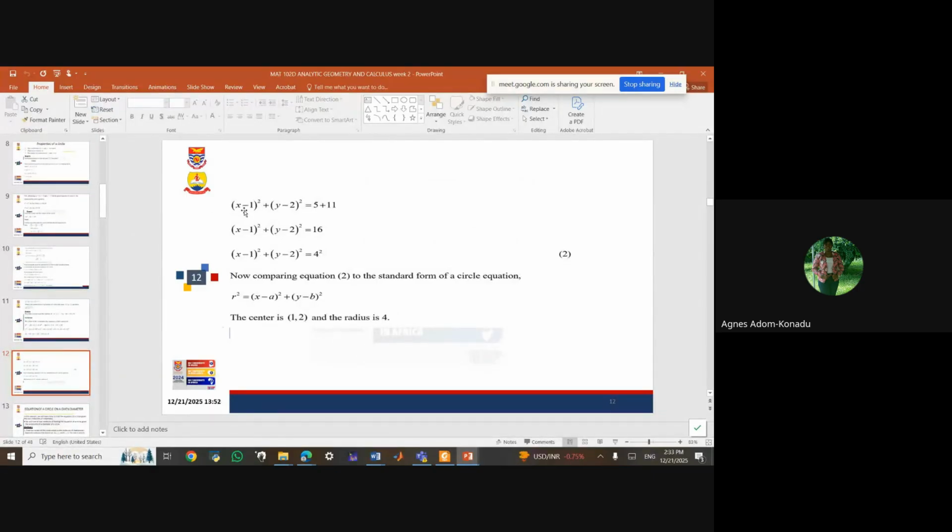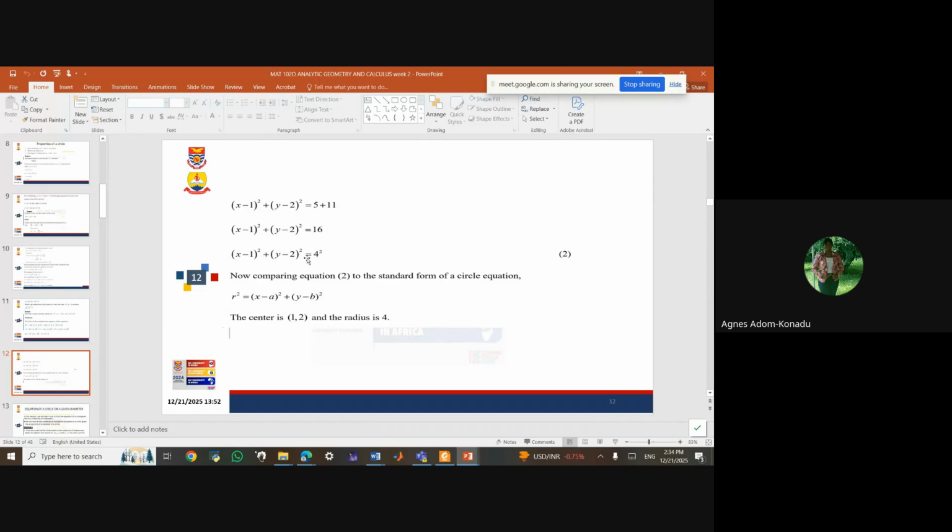So I have (x minus 1) squared plus (y minus 2) squared is equal to 5 plus 11. So (x minus 1) squared plus (y minus 2) squared is equal to 16. And this is the same as (x minus 1) all squared plus (y minus 2) all squared is equal to 4 squared.